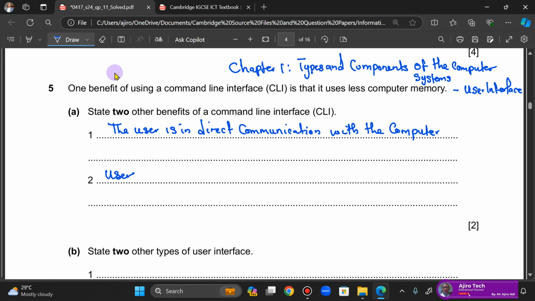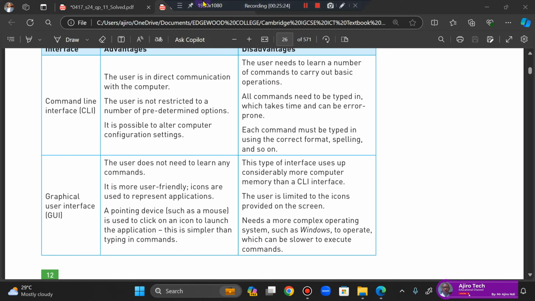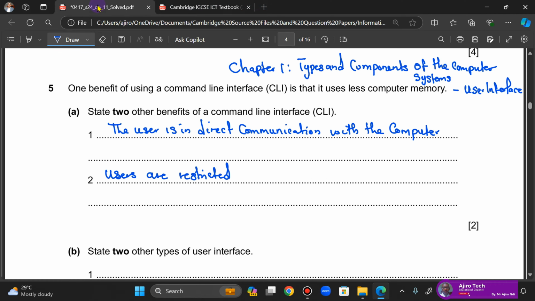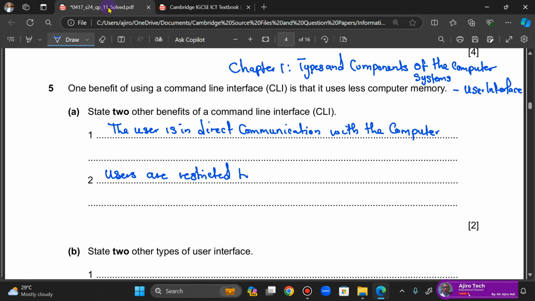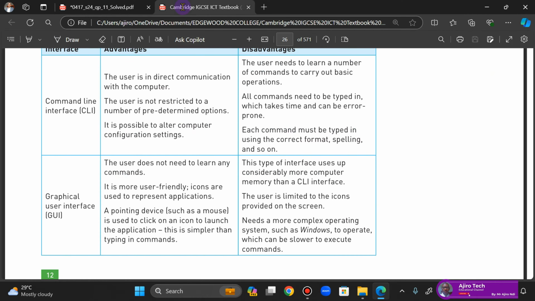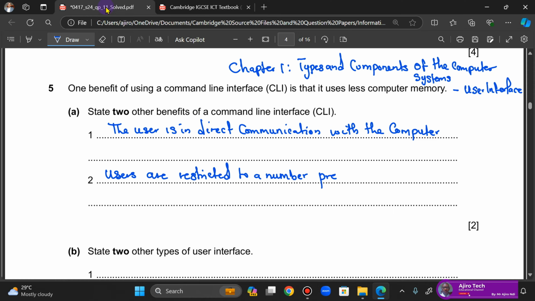Users are not restricted to a number of predetermined options.